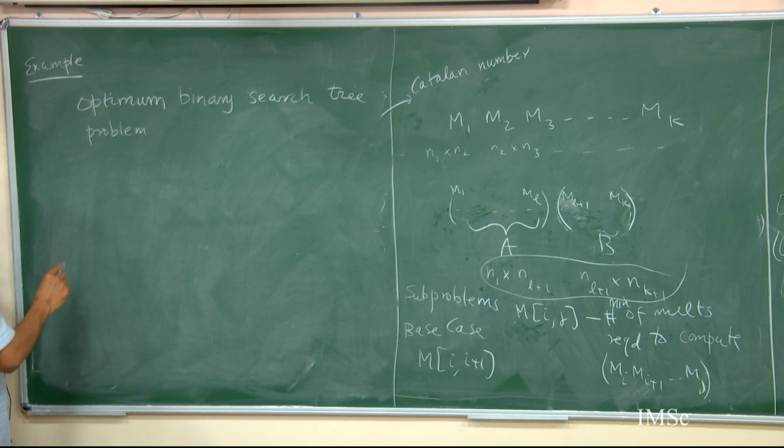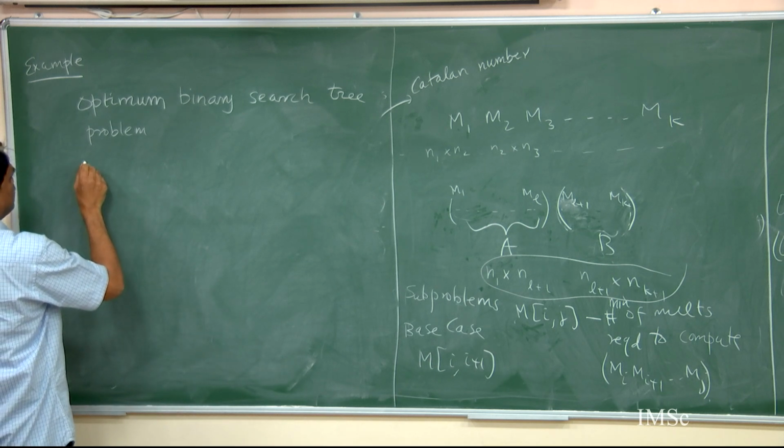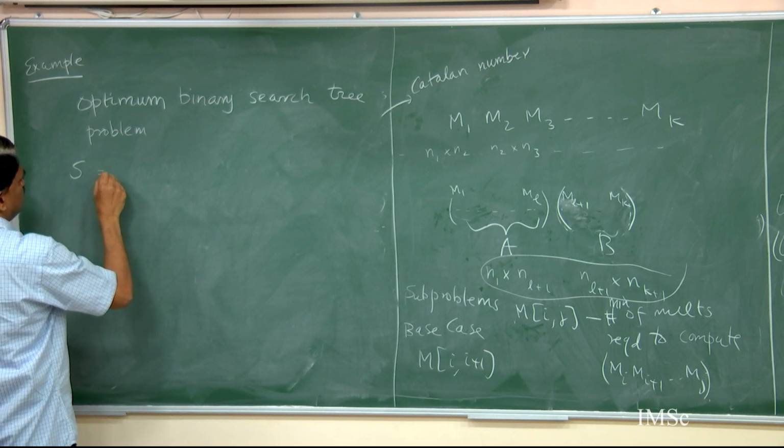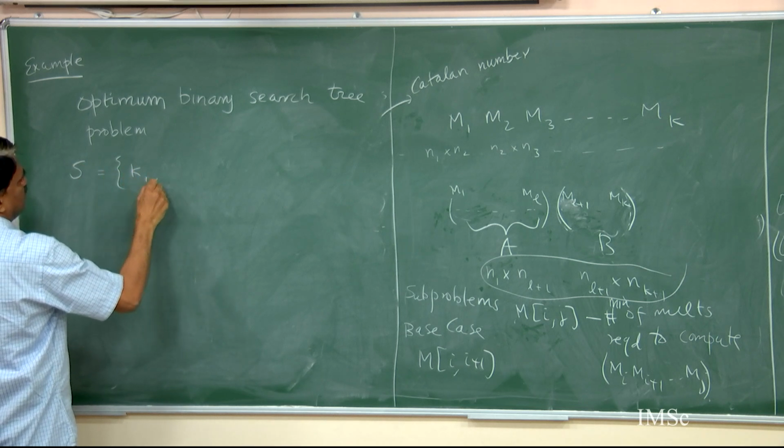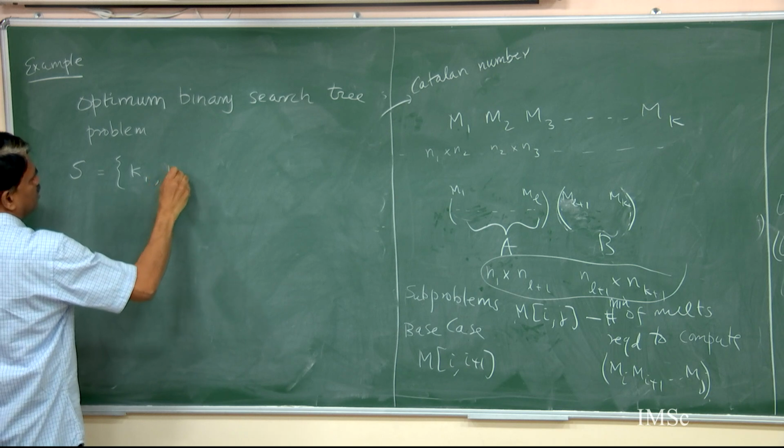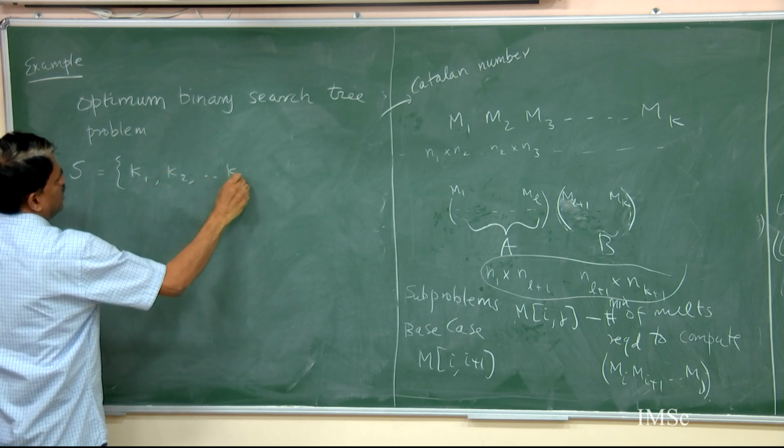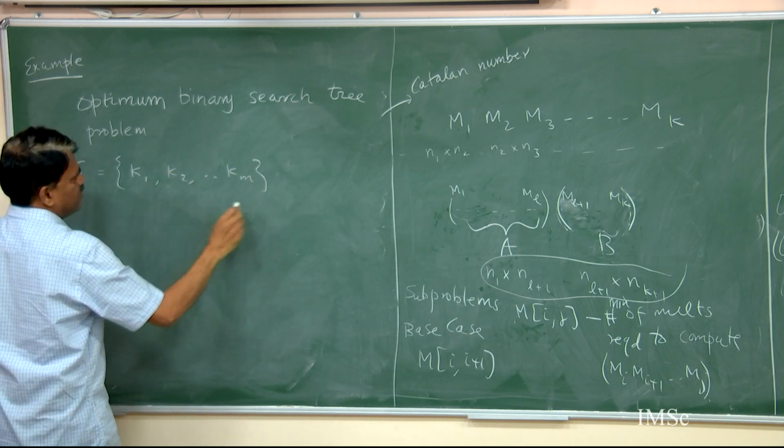You are given a set of characters, some strings, numbers, whatever, some set of objects. Let us call this S, with keys K1, K2, up to Km.